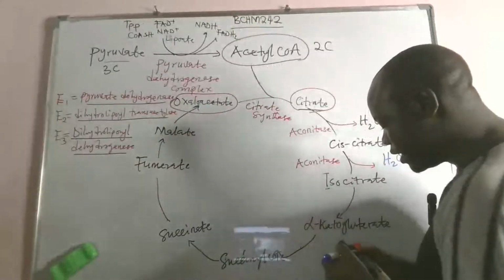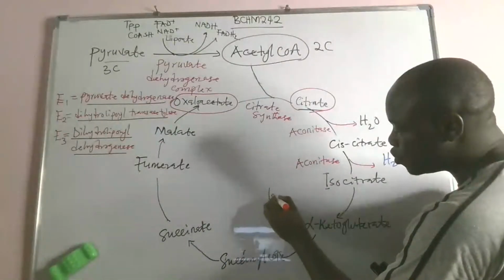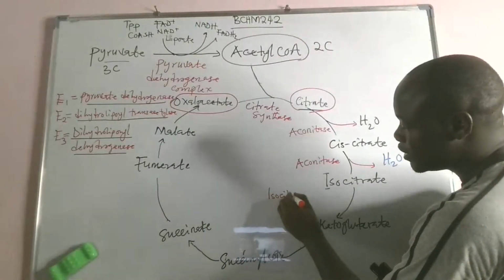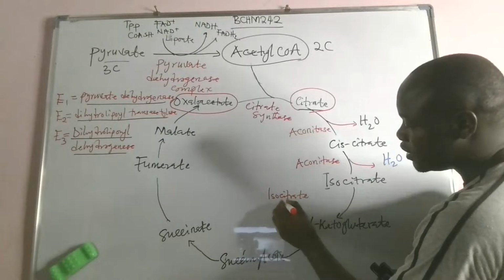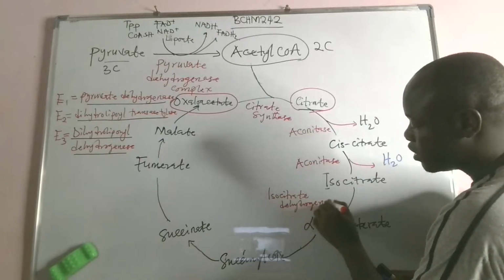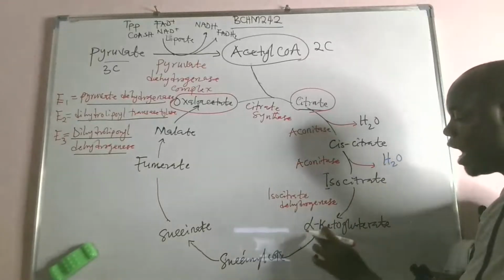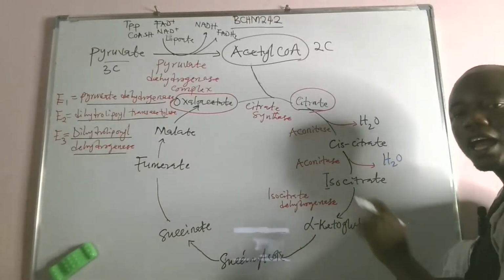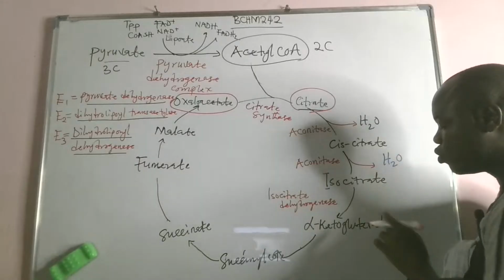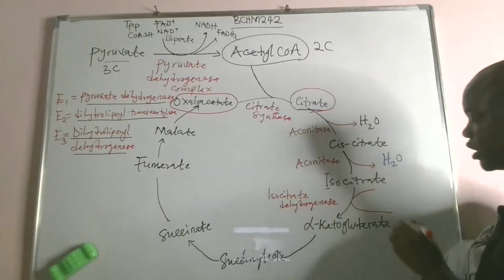At this point, an enzyme called isocitrate dehydrogenase will work. It is the enzyme that converts isocitrate to alpha ketoglutarate. And why did I say this step is very important? Because at this step, NADH is generated.